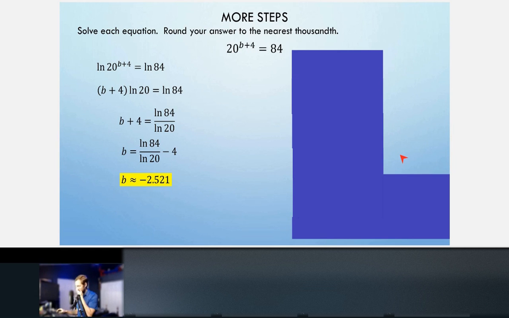How do we do that? Yes, that wouldn't be wrong.